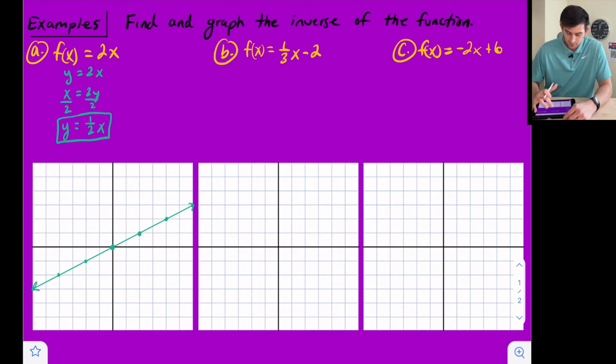Now I'm going to switch over to my light orange gold color, and I'm going to graph this original function f of x equals 2x. So the y-intercept is still at 0, but now our slope is 2, so up 2 and right 1, or we could go down 2 and left 1. Now when we connect those, we can see our original function and our inverse.